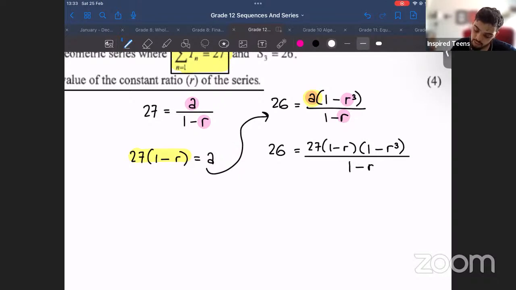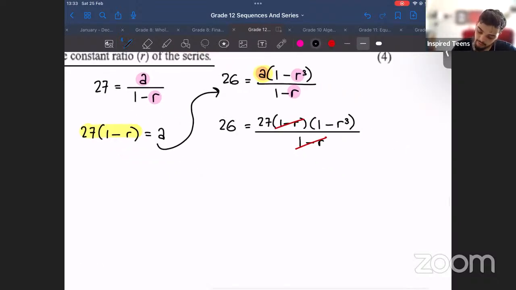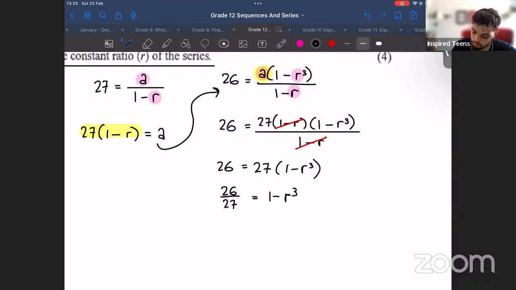As you can see, 1 minus r is common, and we can cancel them. Then we continue. 26 is equal to 27 times 1 minus r cubed. So I'm going to take 27 over, and I get 26 over 27 is equal to 1 minus r cubed.